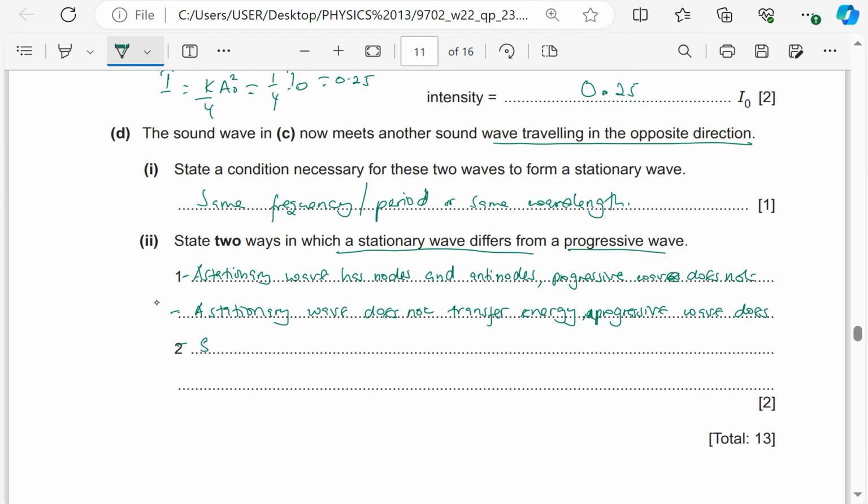So a stationary wave has adjacent particles that are in phase. Adjacent particles in a progressive wave are out of phase.